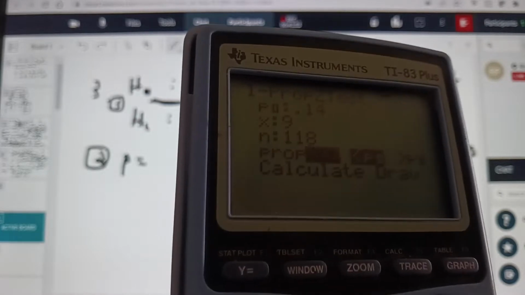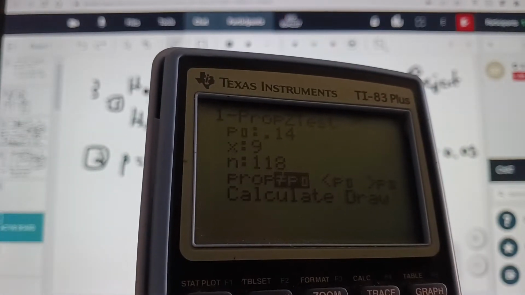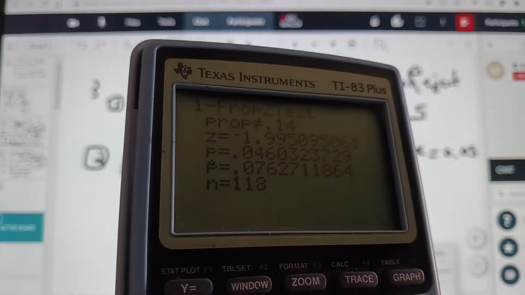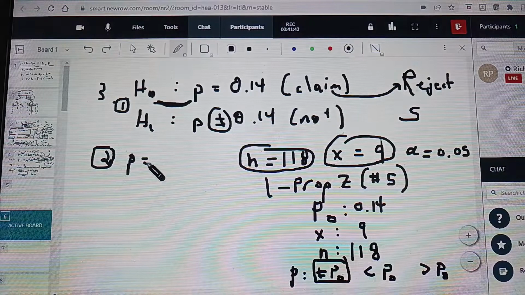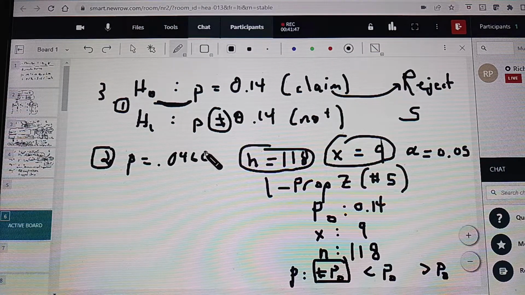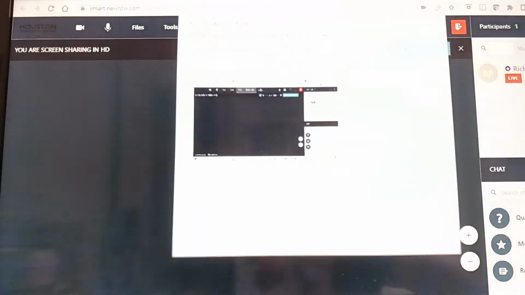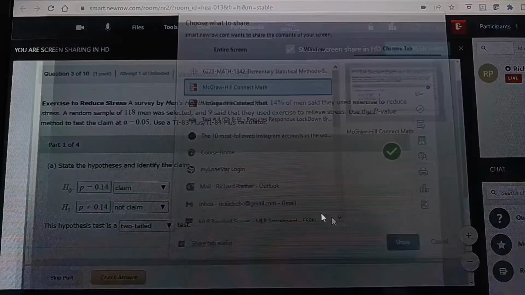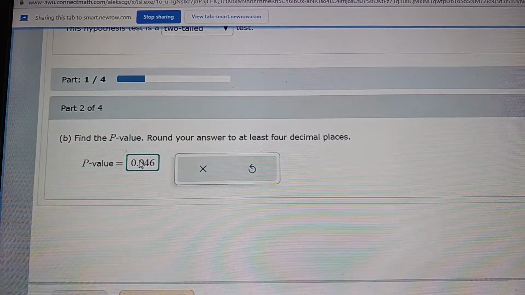So I need to click enter while it's flashing on not equal to. Calculate. P-value is, if I don't have any typos this time, 0460.